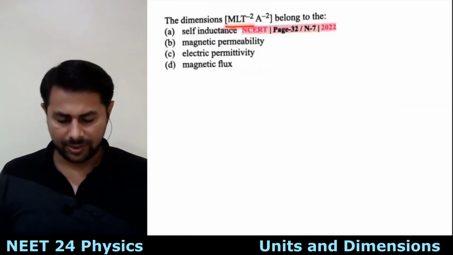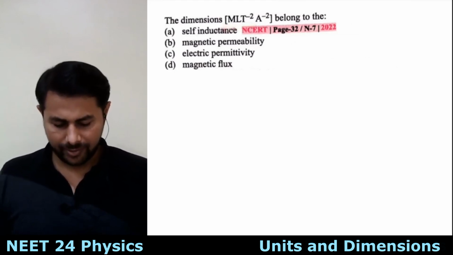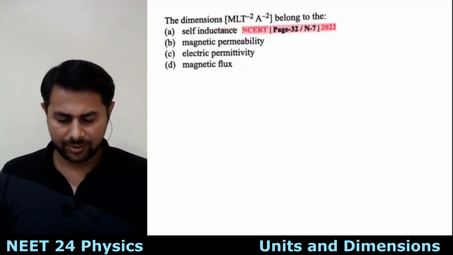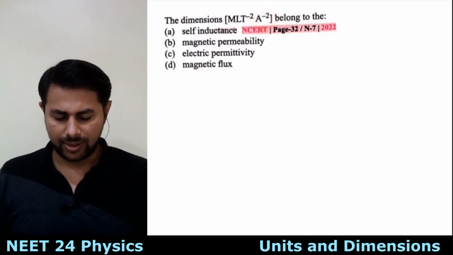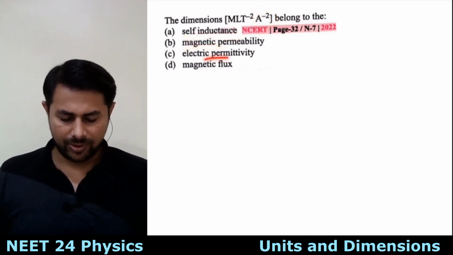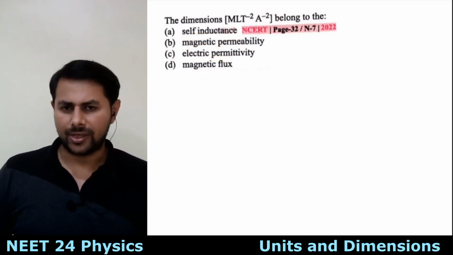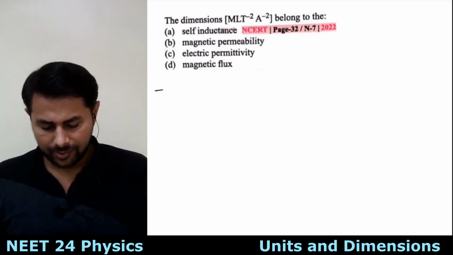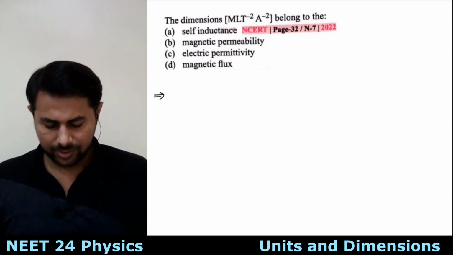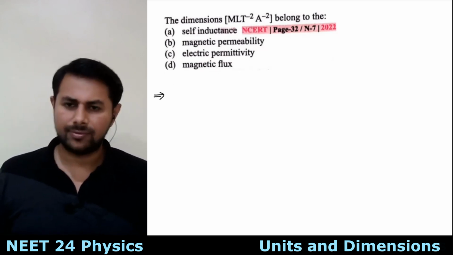The dimensions M L T raised to minus 2 A raised to minus 2 belong to the self inductance, magnetic permeability, electric permittivity, or magnetic flux. Now this thing we need to check. So does anybody know?